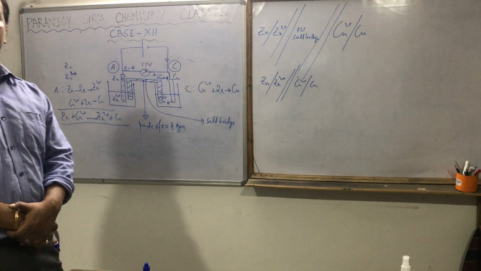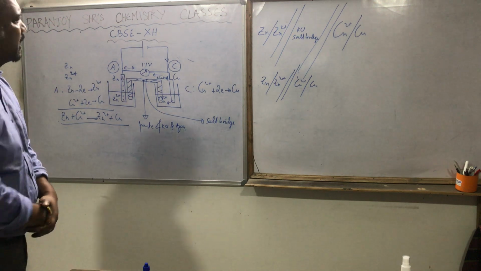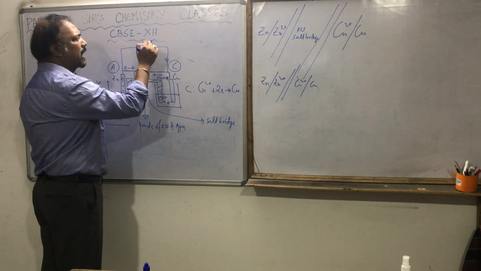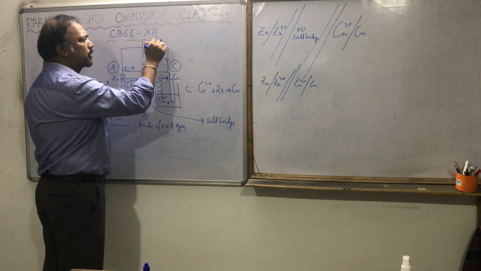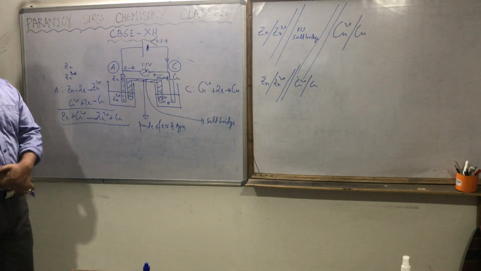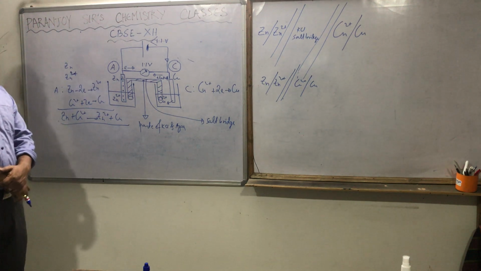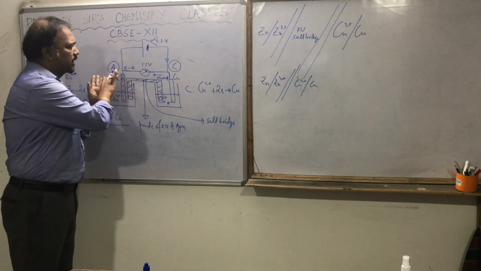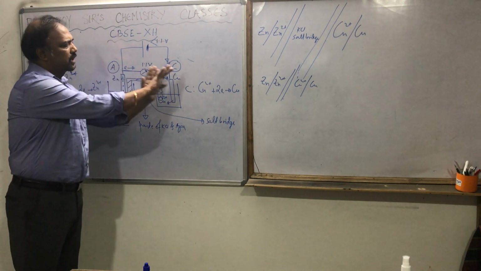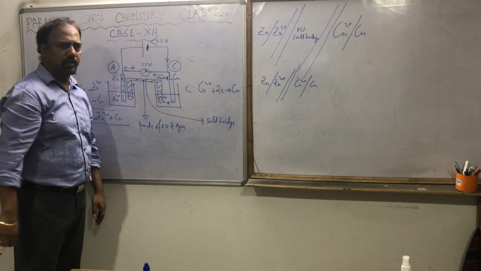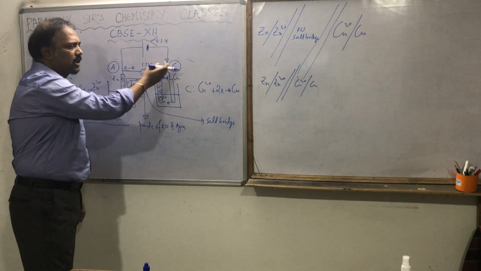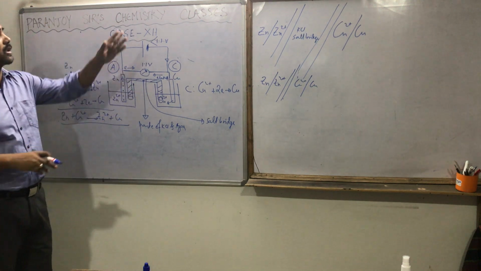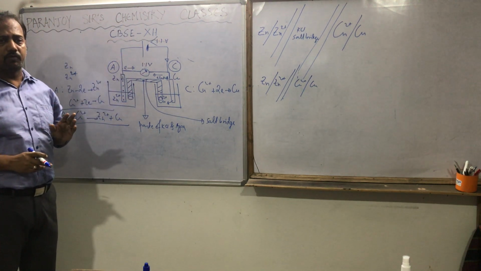If the external potential difference applied is less than 1.1 volt, please understand it. Normally, whenever they are connected, electrons flow from this direction to this direction with 1.1 volt. Now I am applying an external force where the electrons flow in the opposite direction, but the voltage is less than 1.1 volt.